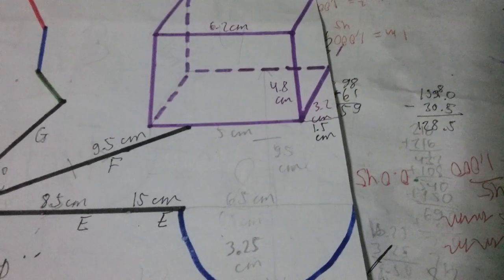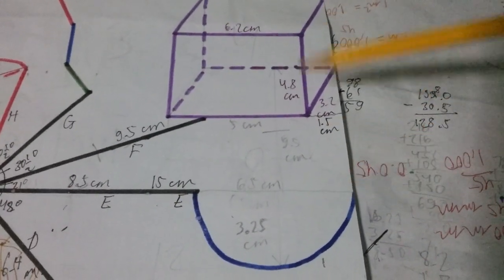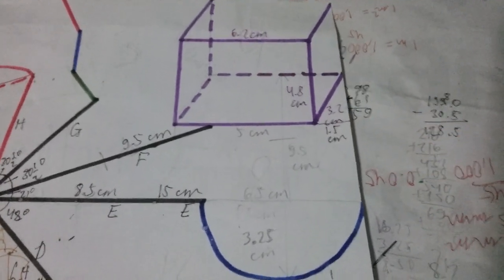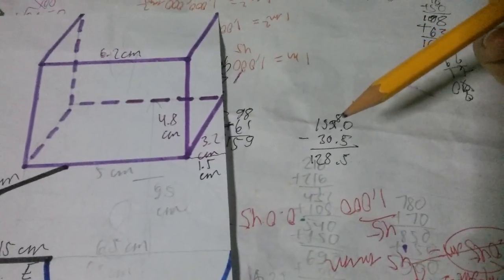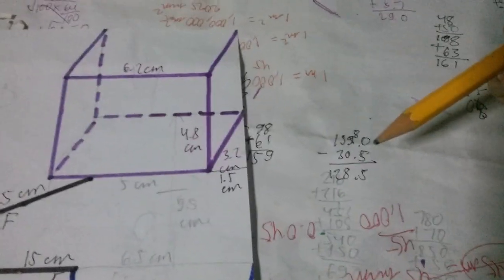Now, we need to get the measure of the height, because it says here that the total height is 9.5 centimeters. So how can we get the other part of the height? You guessed it. Let's look at a right triangle for a while. Do you think we can play a game called the Pythagorean Theorem? If your answer is yes, you are correct. And here's why.